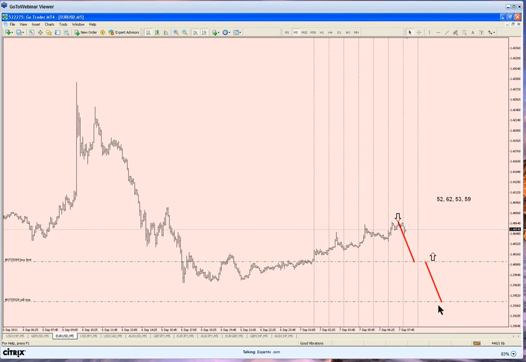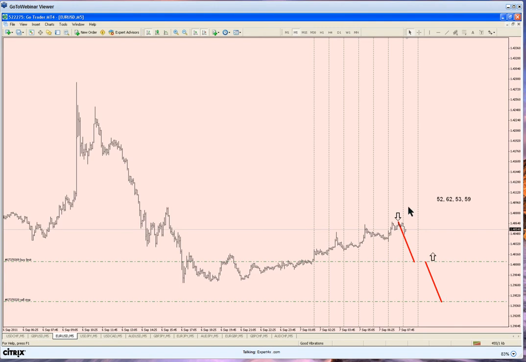I'll come and clean the stop up. I don't like using stop limits, it's just a lot faster using the stop. And this little red line, that trend line you can see here, is 62 pips long. So what we're saying is that if the price moves 62 pips, it will get exhausted and trade the other way.